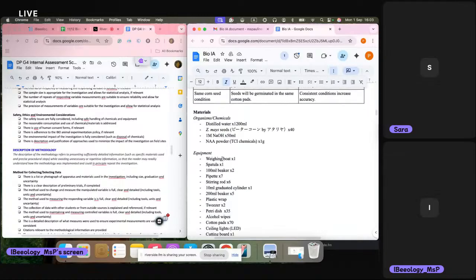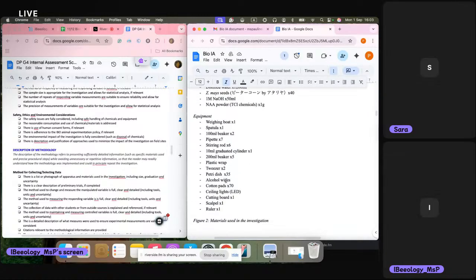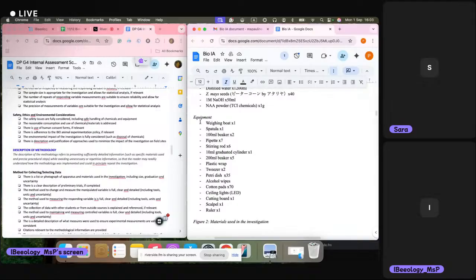So just 1 gram. Rainbow spatula. Any tools that you measured using that have a numerical value must be measured for error.